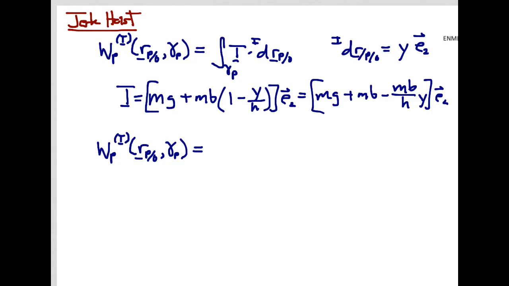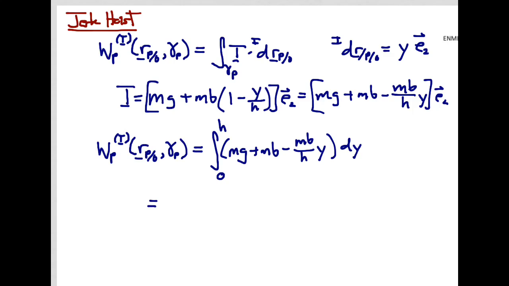Setting up our integral, it's the integral of mg plus mb minus mb over h times y, and then it's dy, because we're taking the dot product of this term and that term, so it ends up being all scalar notation. And then our integral we're calculating from 0 to our final height h.